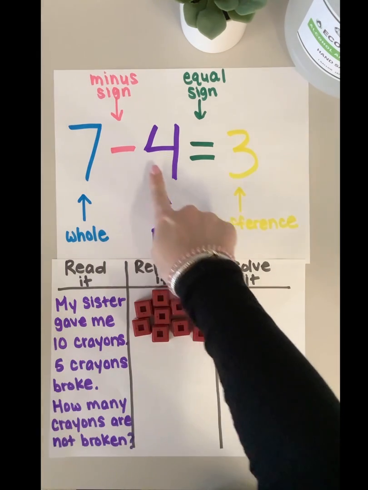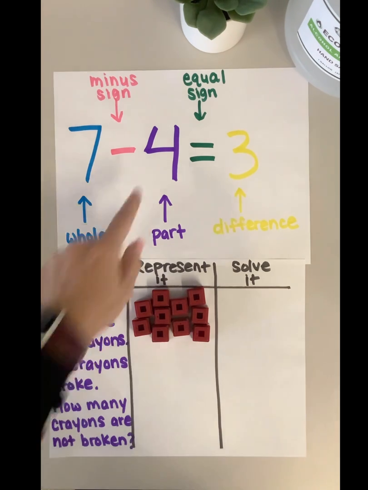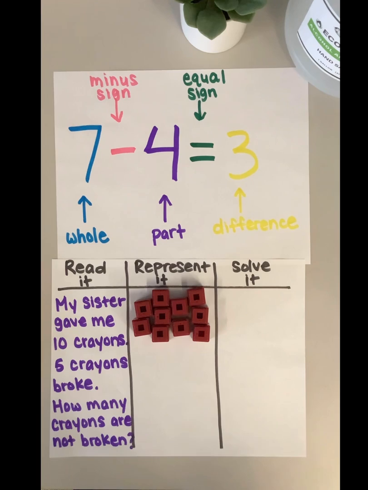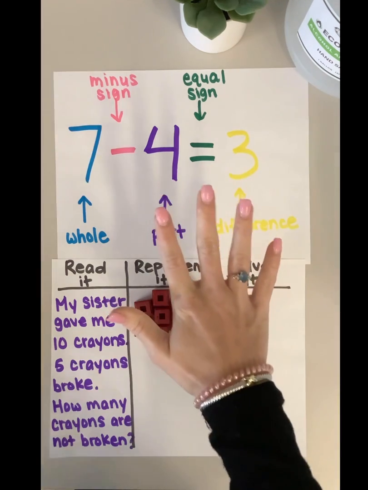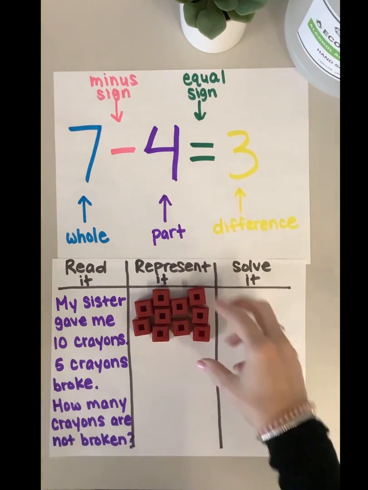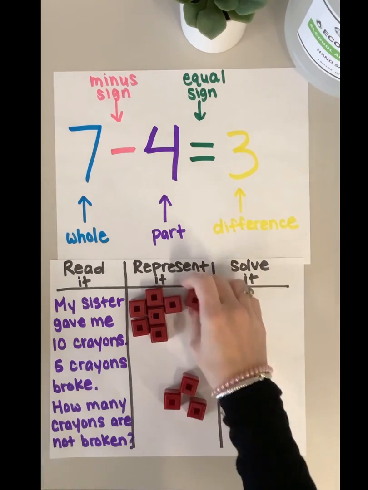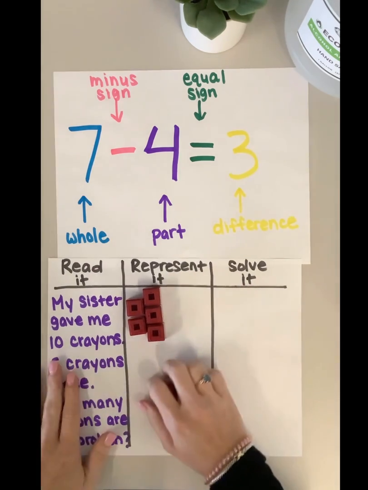Okay, now we need to take away how many crayons broke, because that's going to be my part. That's how many I'm taking away from my 10. Show me with your fingers. What is my part in this problem? 5. 5 crayons broke. So I have to take those away. 1, 2, 3, 4, 5.